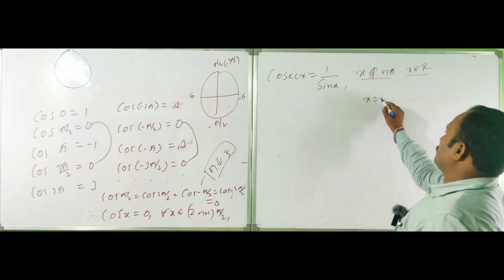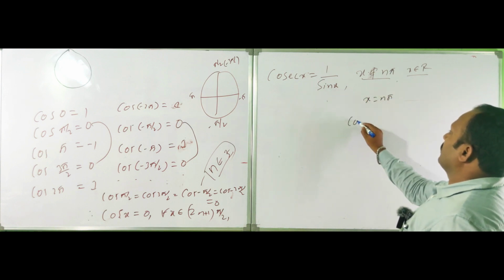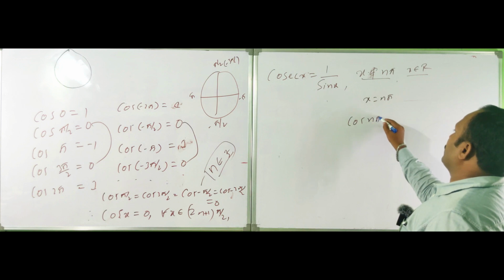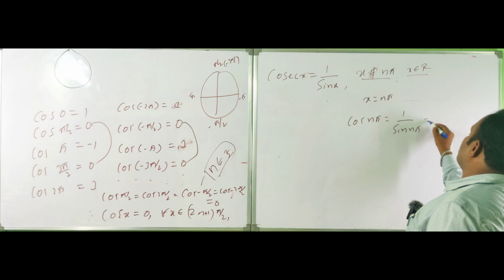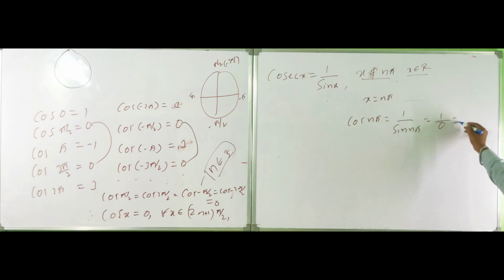If x is equal to n pi, then cosec of n pi becomes 1 by sin n pi. This is 1 by 0, which is infinite, not defined.